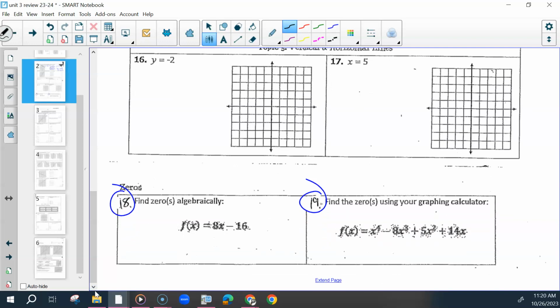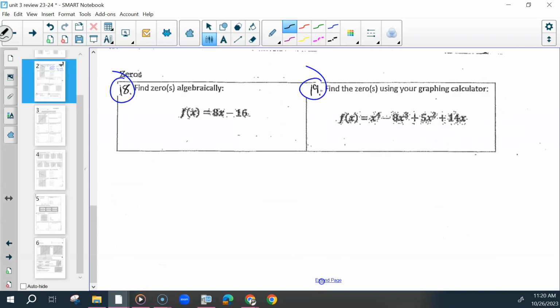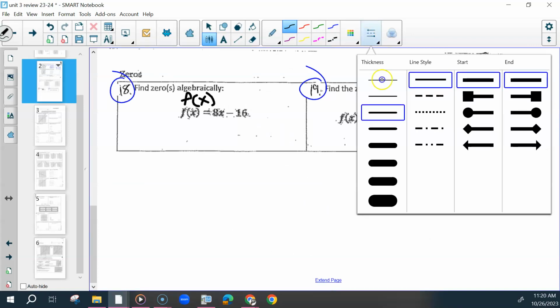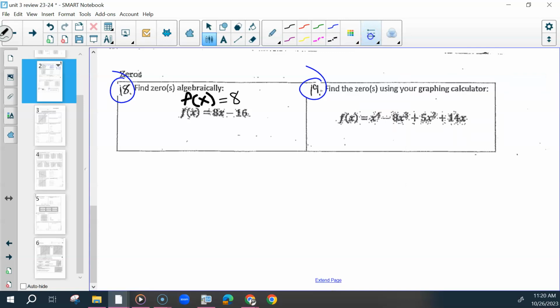Okay, for 18, if we're trying to find the zero algebraically, I'm going to rewrite this because you may or may not understand this. I'm going to also rewrite this one so you have them both at the same time.